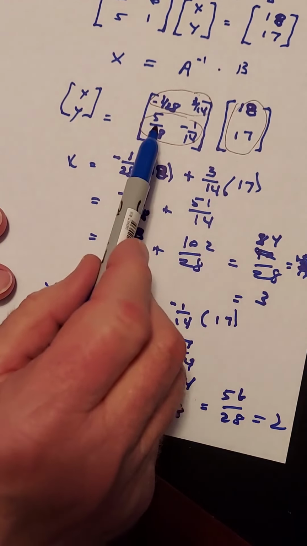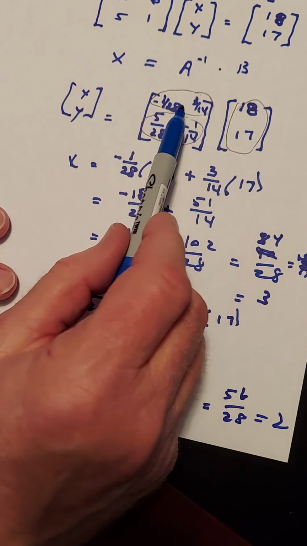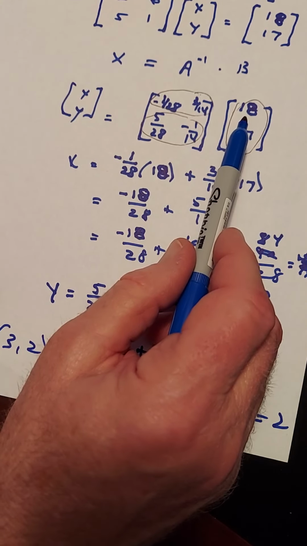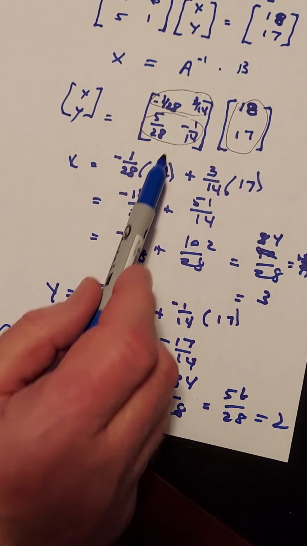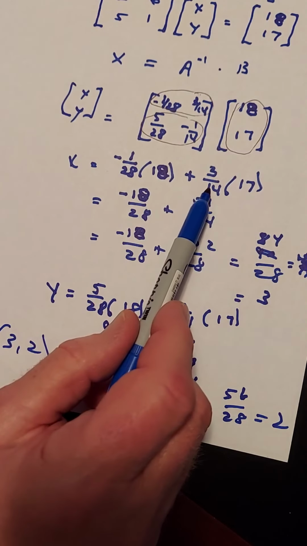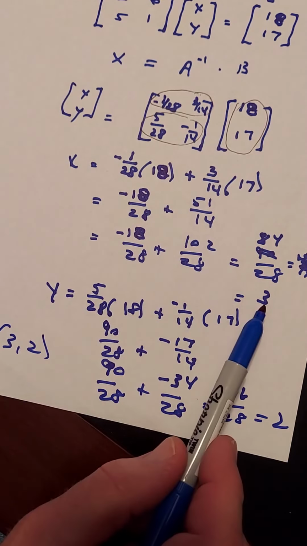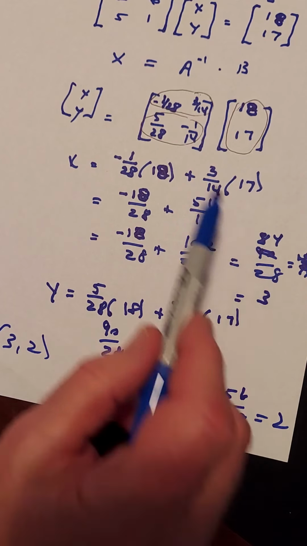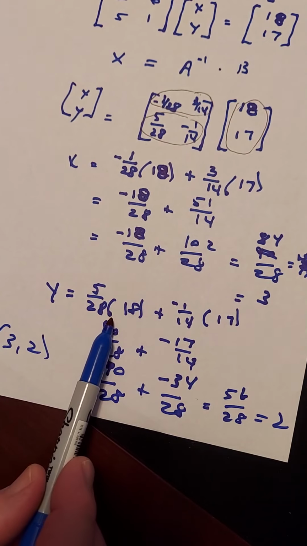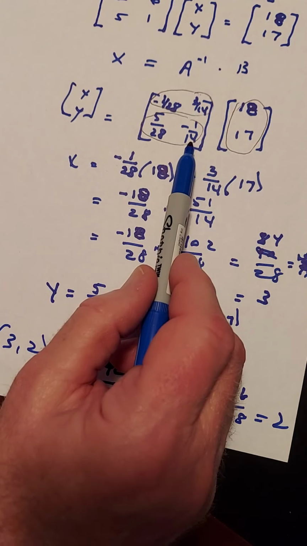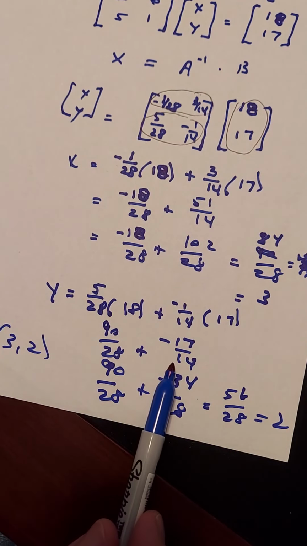So again, once I found that inverse, I'm simply multiplying a matrix times a matrix, which we did in the last section. So it's negative 1 over 28 times 18 plus 3 over 14 times 17. We did all that and we got an answer of 3. Then when you take the bottom row times this, that's 5 over 28 times 18, negative 1 over 14 times 17 gives us this.